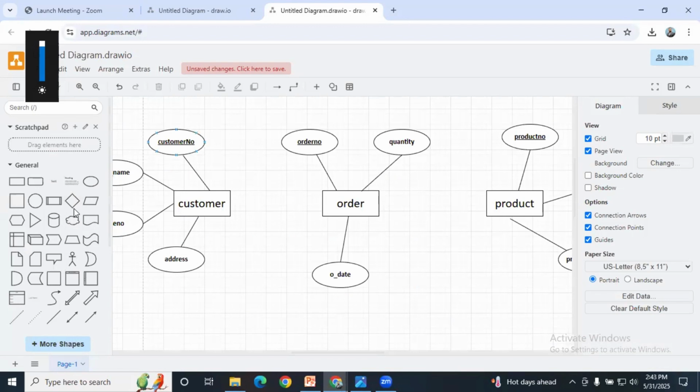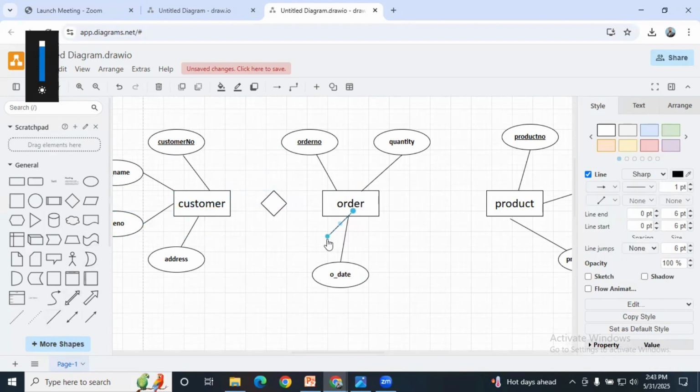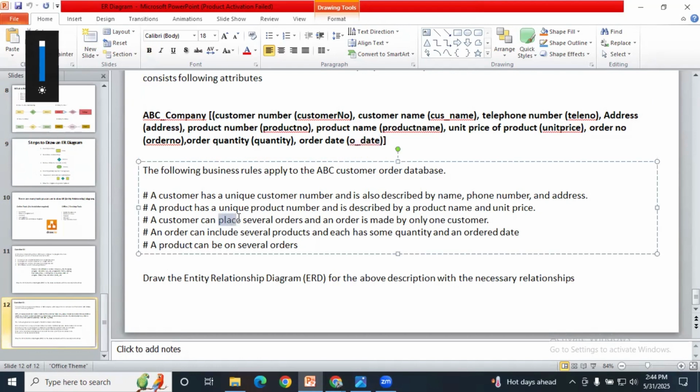It's a diamond shape. So you can get a diamond shape in here and align it with a single line. The customer places several orders and one order is made by only one customer. So the relationship is place.